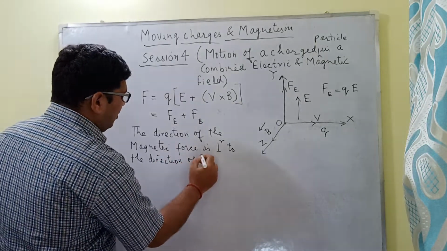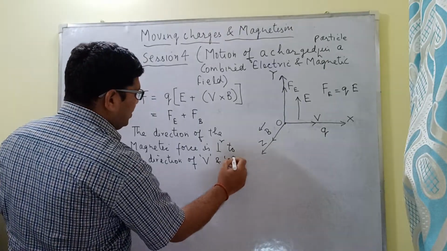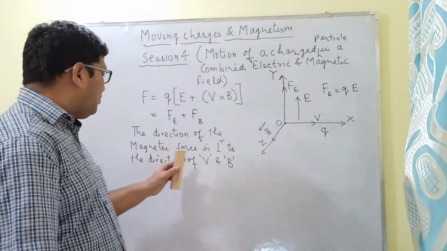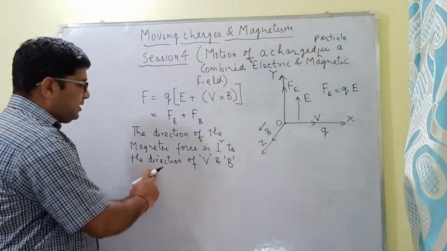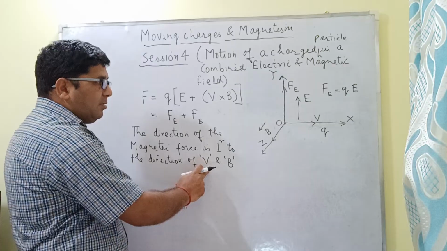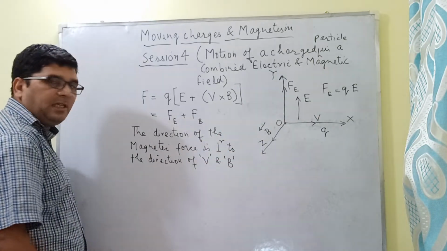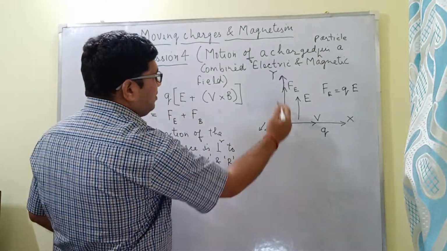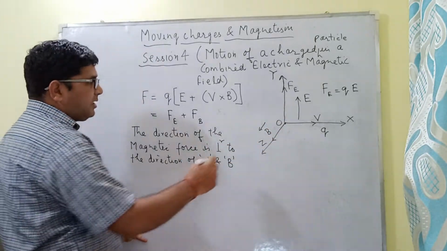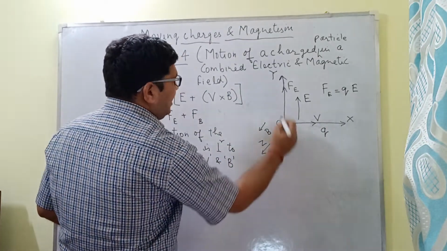both the direction of v, which is the velocity of the charged particle, and B. So the direction of the magnetic force is perpendicular to the direction of motion of the charged particle and the direction of this magnetic field as well. So in this case the magnetic force will be pointing downward, that is along the negative y-axis.